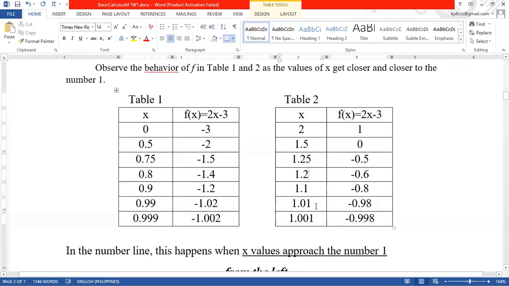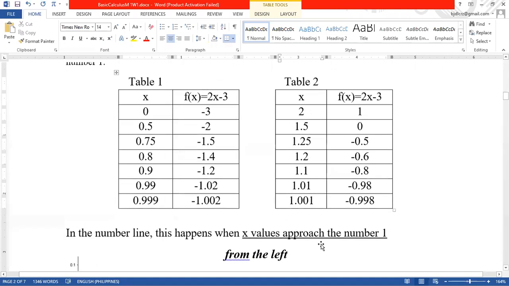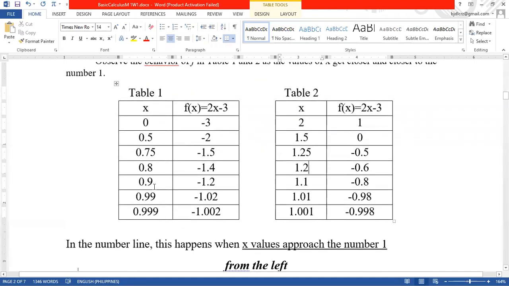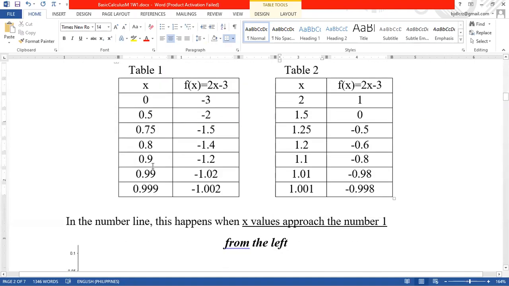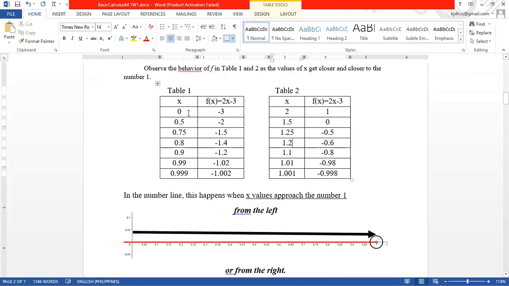So in the number line, this happens when x values approach to number 1. So from the left. Ang giingon dire sa table 1 is from the left daw siya. So from 0, nag-approach siya paingon sa 1.